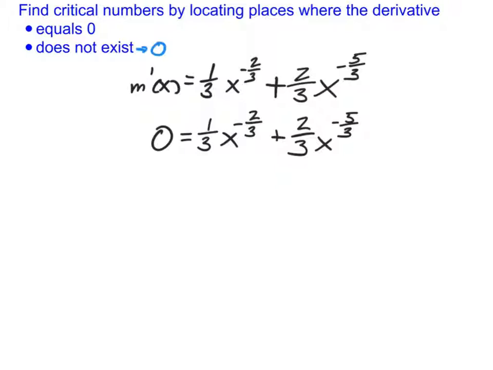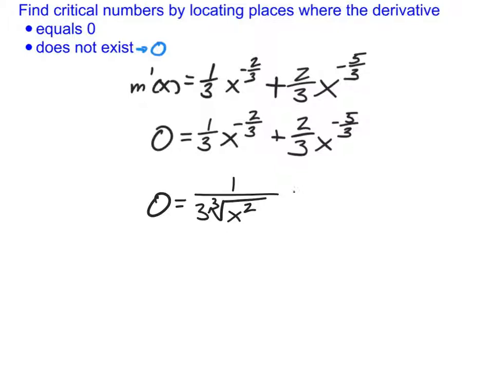So I'm going to go 0 equals 1 over 3 times the cube root of x squared. The 1/3 starts me with my fraction. The negative exponent means put it in the bottom, and 2/3 power is power of 2 and cube root.